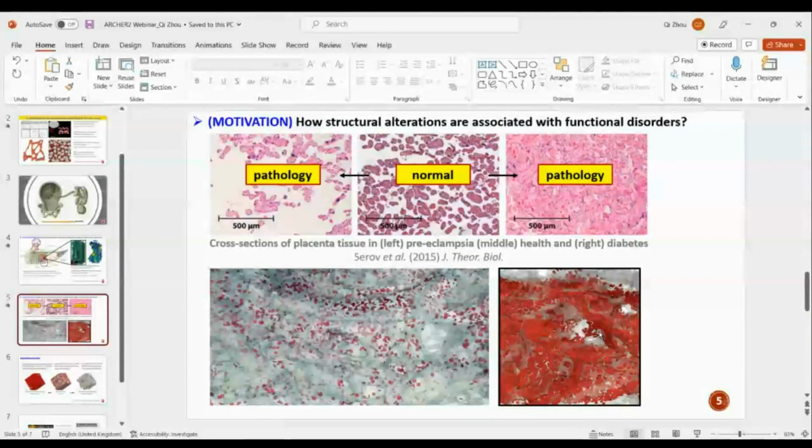Yeah, this case is currently from the previous tissue samples we have, and we cannot determine whether it was from a patient or from a healthy pregnant woman. But in the future, in other simulations, we will have this kind of categorization to make sure we can reflect this blood flow.